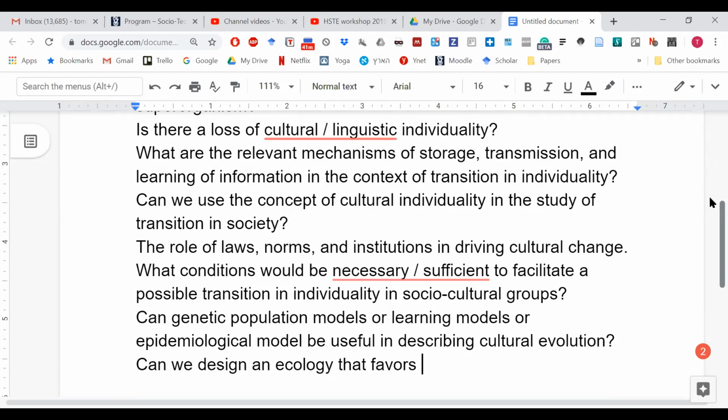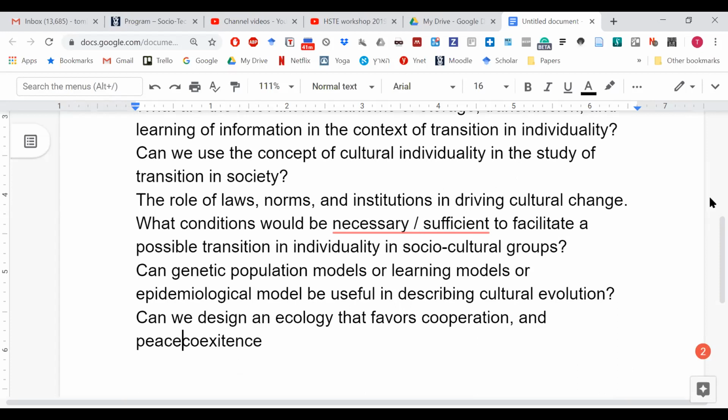The favor cooperation, coexistence, peaceful coexistence. Peaceful coexistence. It's a value judgment. Okay. Wow, cooperation also. Almost every term we use here has values and trends.